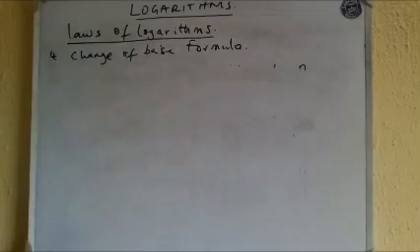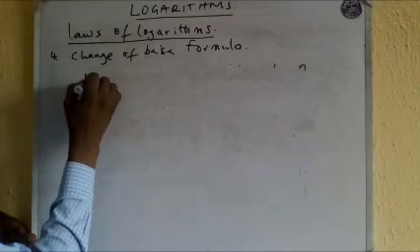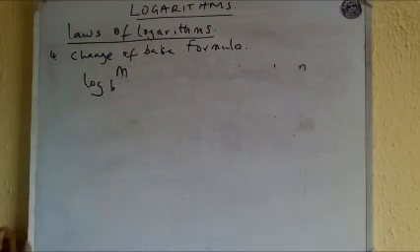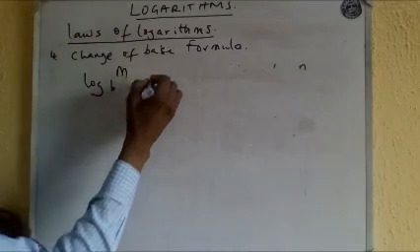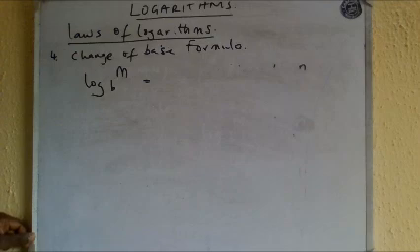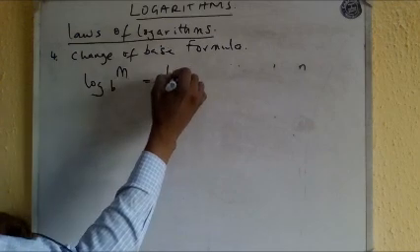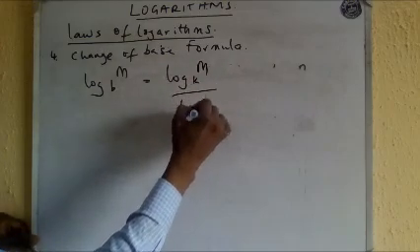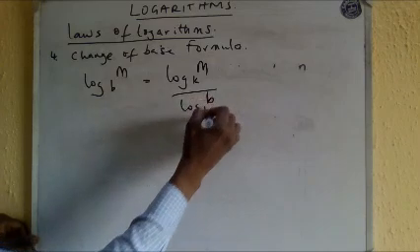Here, if you have log of m to base b, for instance, you can now introduce another constant base k, commonly 10 or exponent e, so that it becomes log m to base k over log b to base k.